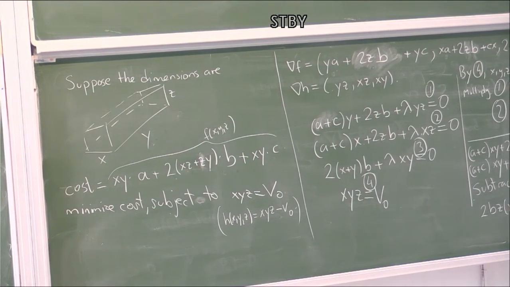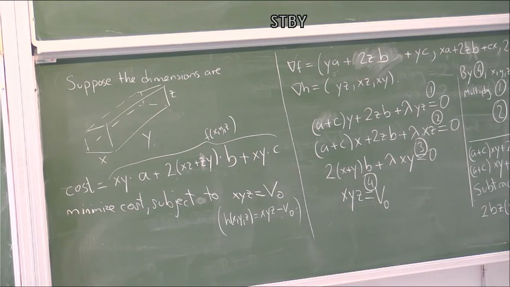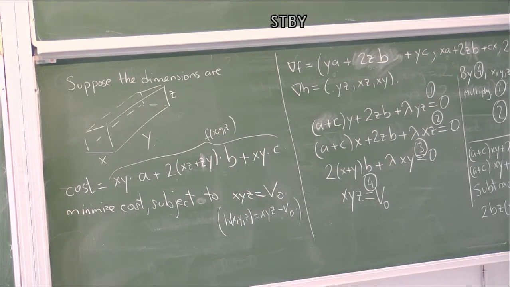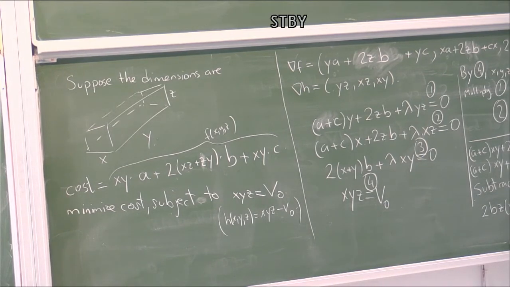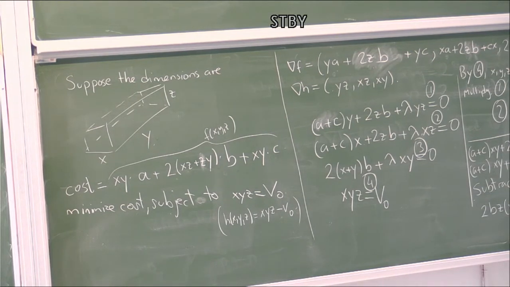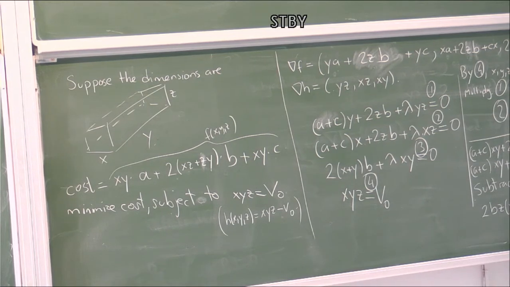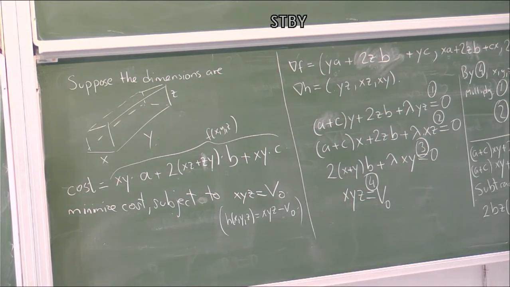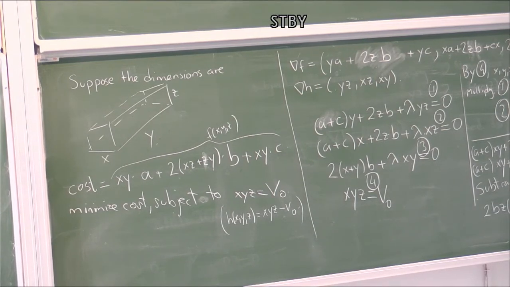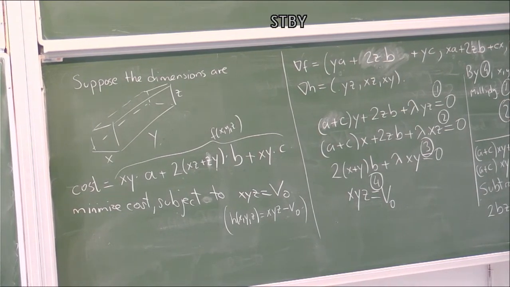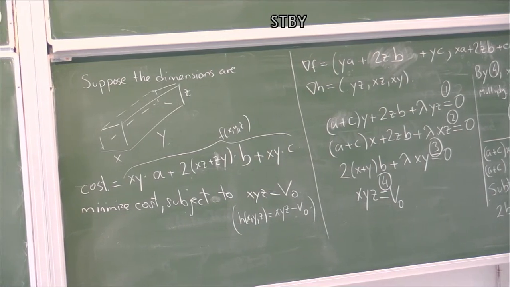And 3 gives us 2x plus yb, we multiply it with z, plus lambda xyz equal to 0.